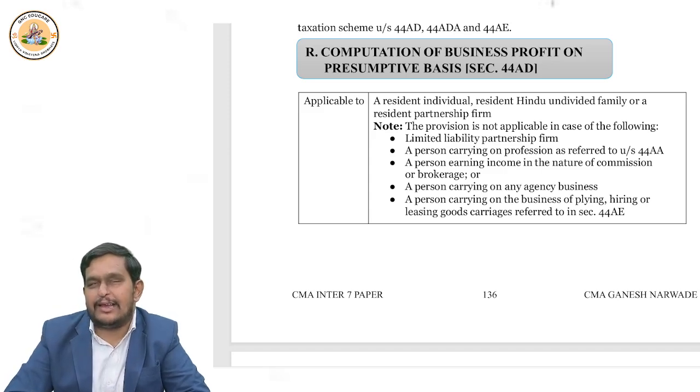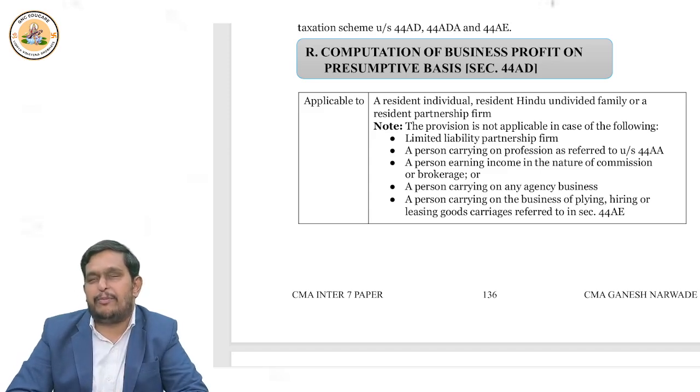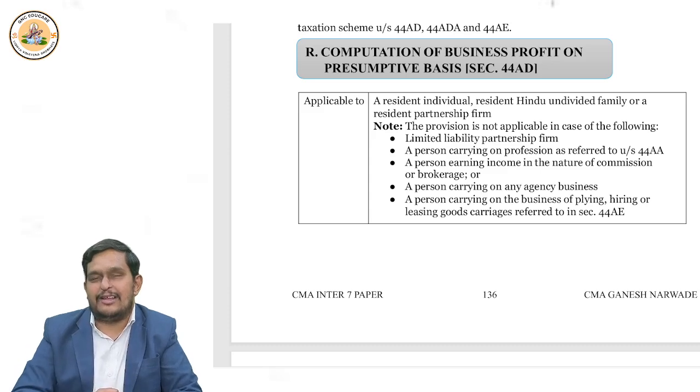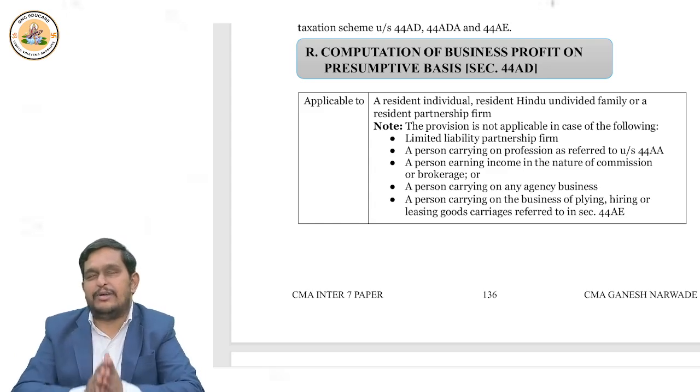Who are they? Resident individual, resident HUF, and resident partnership firms. Only to these three this section applies. So if somebody asks you about section 44AD, you should tell them that 44AD applies to resident individual, resident HUF, resident partnership firm. That's it.